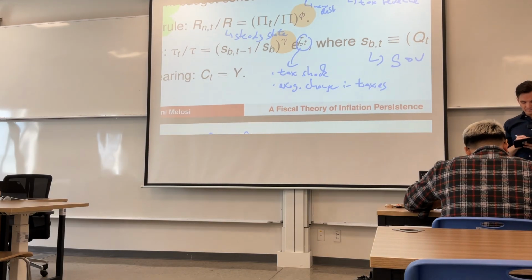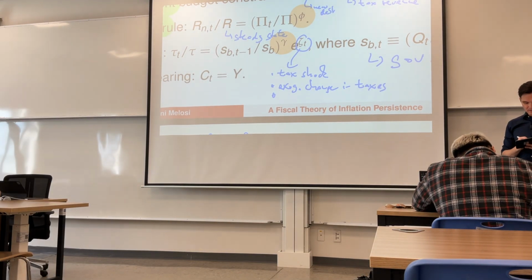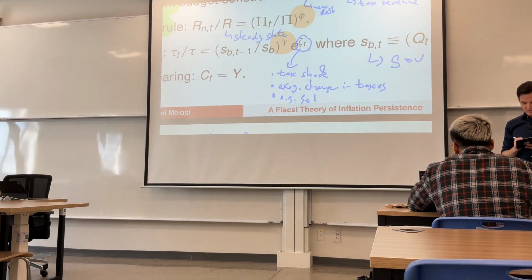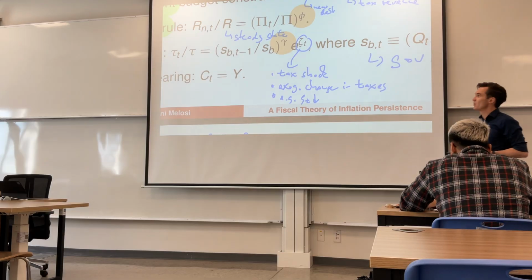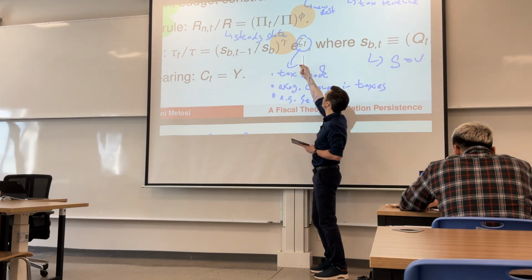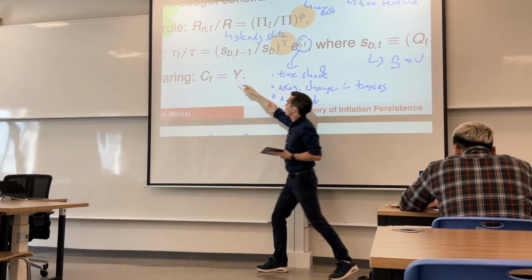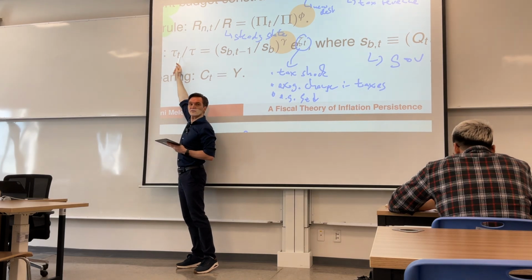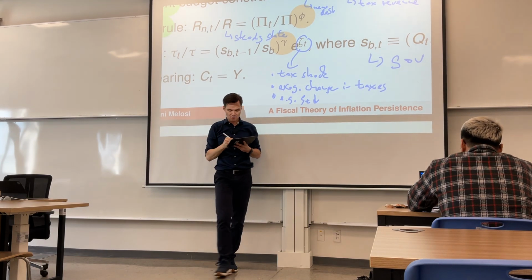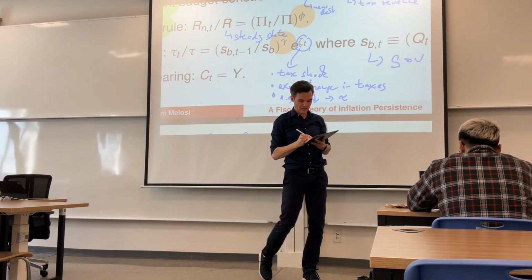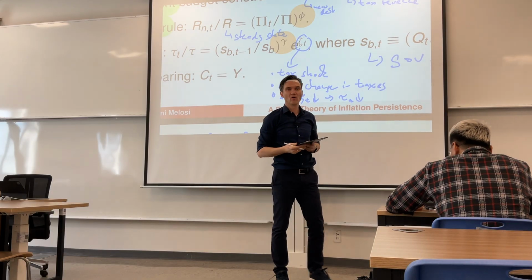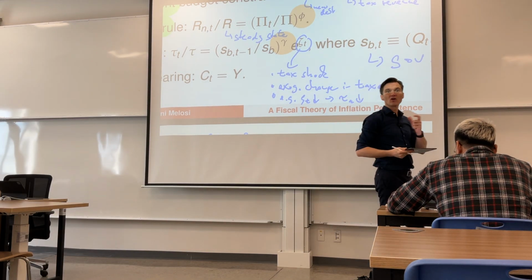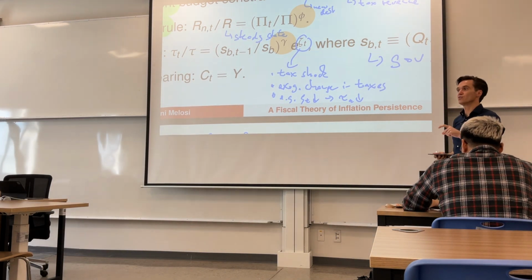So for instance, let's think about it. Suppose you have a zeta t that is falling. Well, that's going to be a tax cut. So that means the tau t is going to fall, and that's going to be the type of shock that these authors always look into.